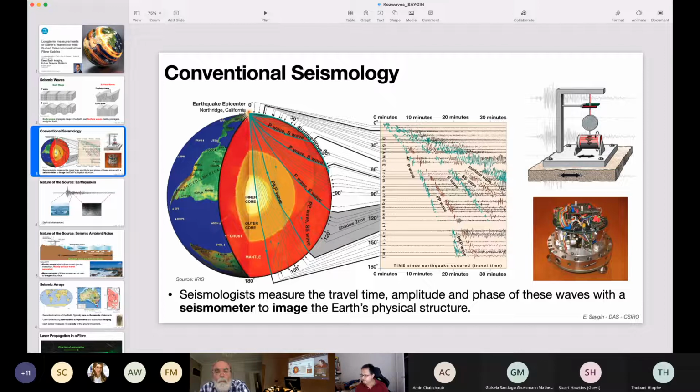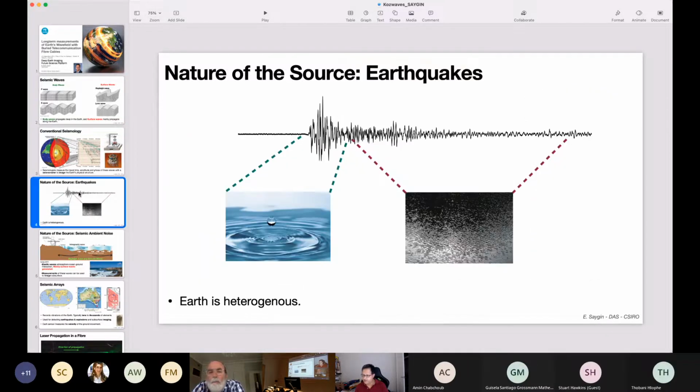If you look at a record section like that, you will see that they have different amplitudes, travel times, and also different waveform shapes. The nature of the source of these waves is primarily earthquakes, and that's very typical. This top one is an example seismogram.